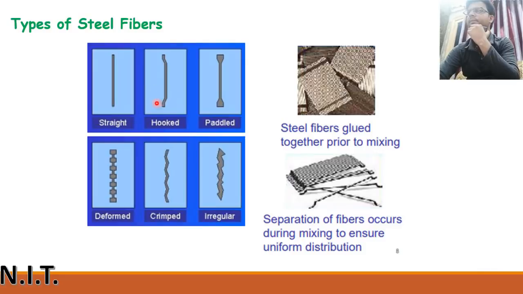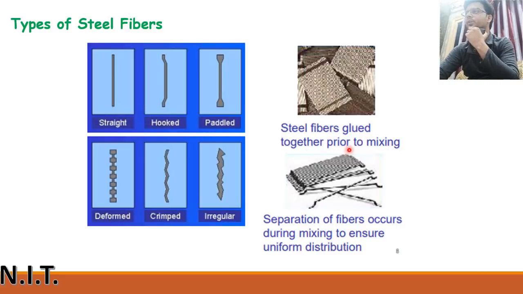Types of steel fibers: straight, hooked, paddled, deformed, crimped, and irregular. For different types of structures, different researchers prefer these fibers instead of straight fiber.